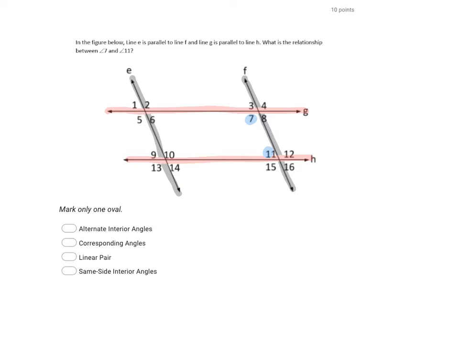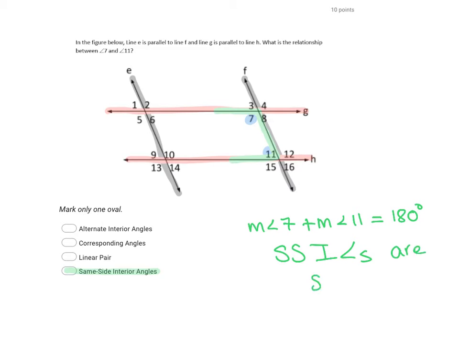Now if I look at those two, they form a C. So they are same side interior angles that add up to give you 180. That means that the measurement of angle 7 plus the measurement of angle 11 is 180. Same side interior angles are supplementary and they form a C.